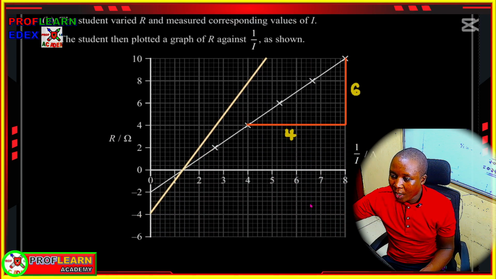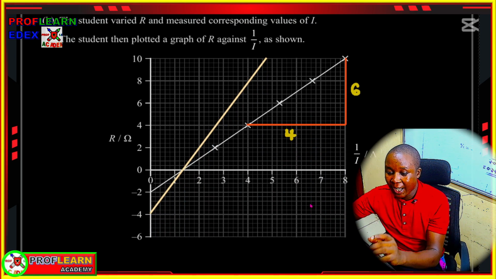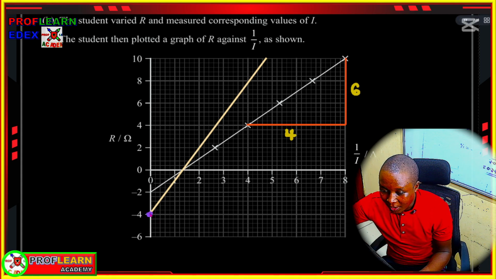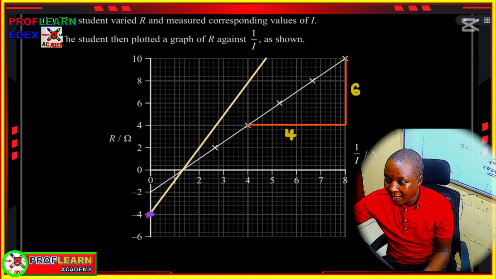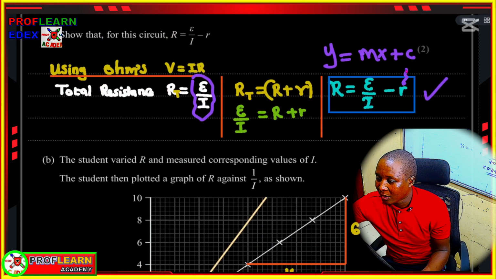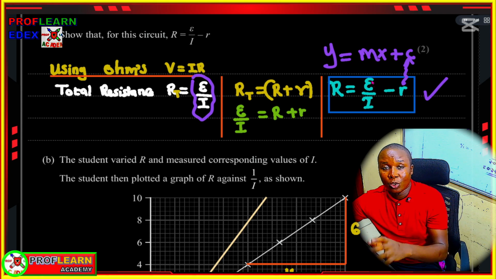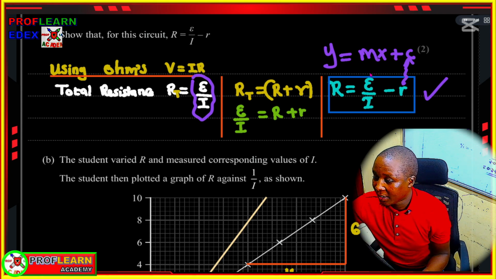So we shall work out the gradient, and the gradient is going to be our EMF, and the y-intercept here is going to be the internal resistance. Also, 1 over I is on the x-axis, so E is going to be the gradient in that case.